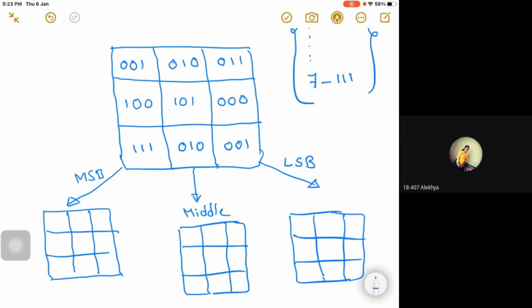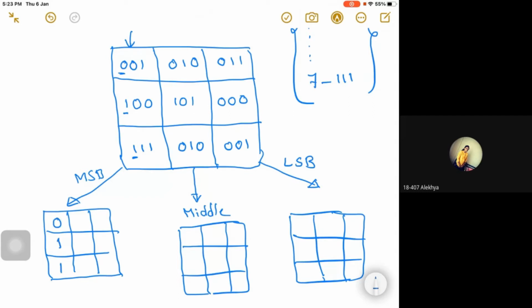For example, in the first column, can you identify what the MSB bits are? The leftmost bit, that is this 0, this 1, and this 1. So take those 3 here: 0, 1, 1.